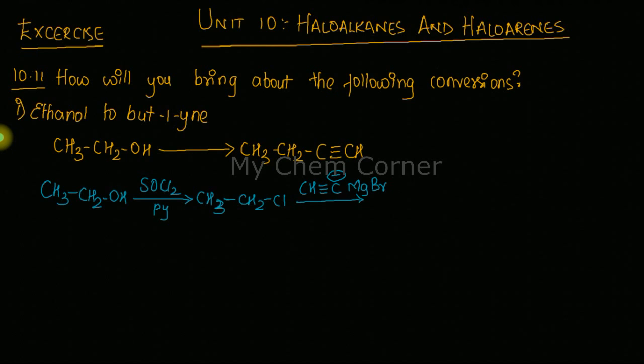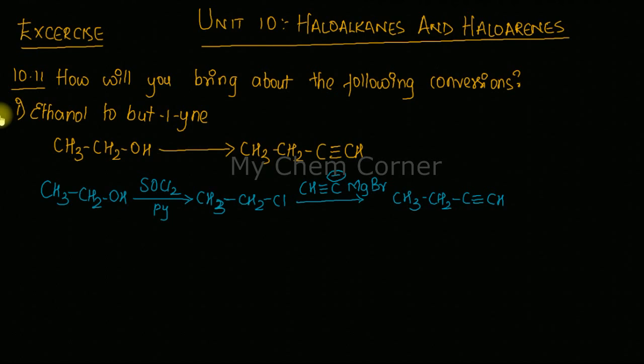So this is going to be my Grignard reagent. This will replace the Cl to give me my product, with the triple bond and a CH. So that is but-1-yne from an alcohol.